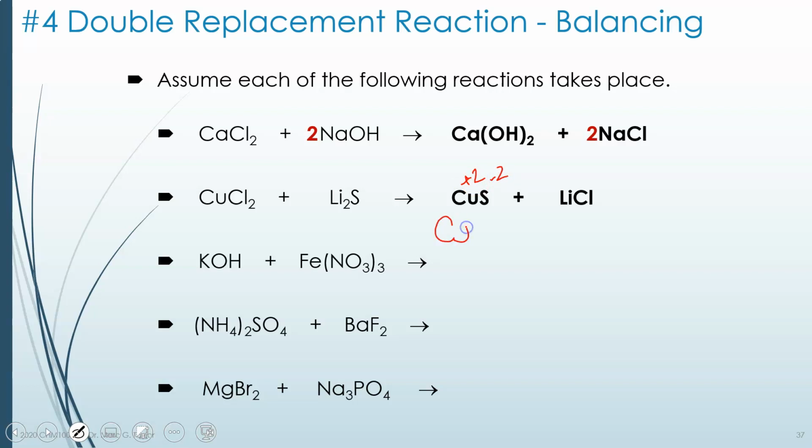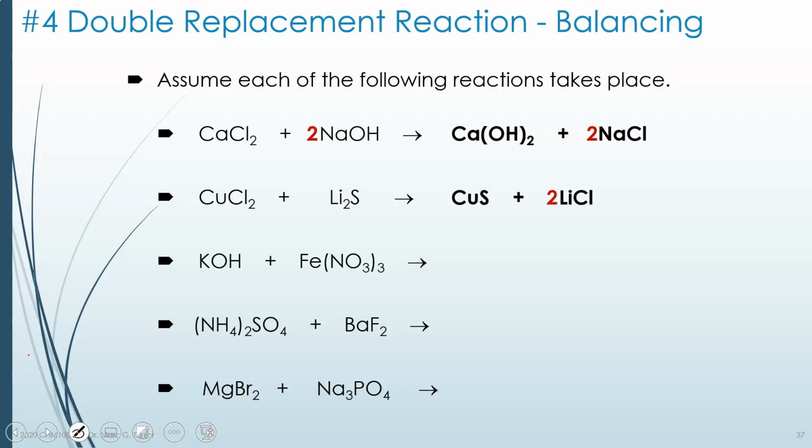So if you were figuring out the formula, you would initially say, oh, it's Cu2S2, but you can simplify this to just 1 of each, and we would write it this way. And lithium chloride is obvious because lithium is +1 and chloride is -1, so that's your product. And now you balance the reaction.